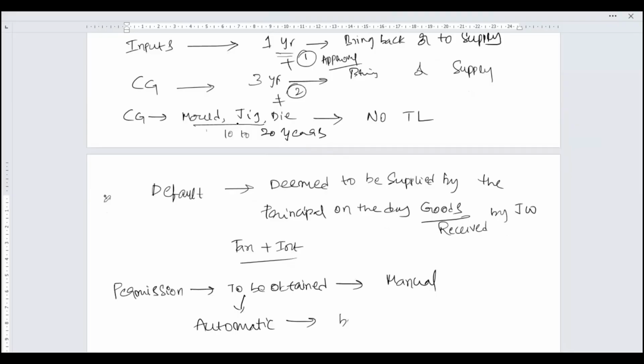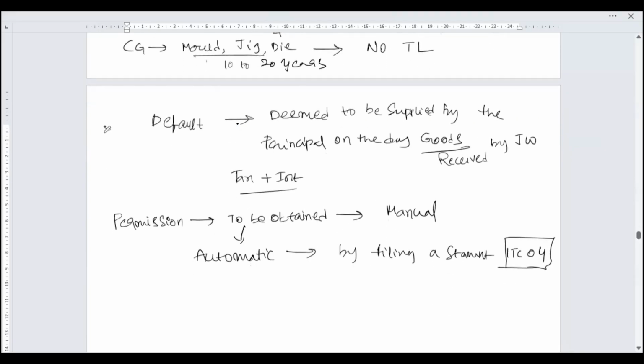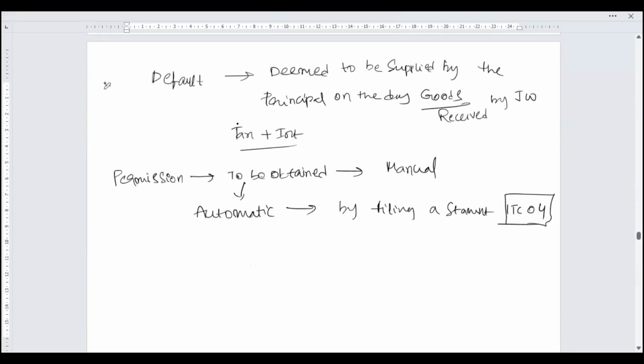By filing ITC-04, a statement which needs to be filed in writing. This is a statement to be filed when there is material sent for job work.